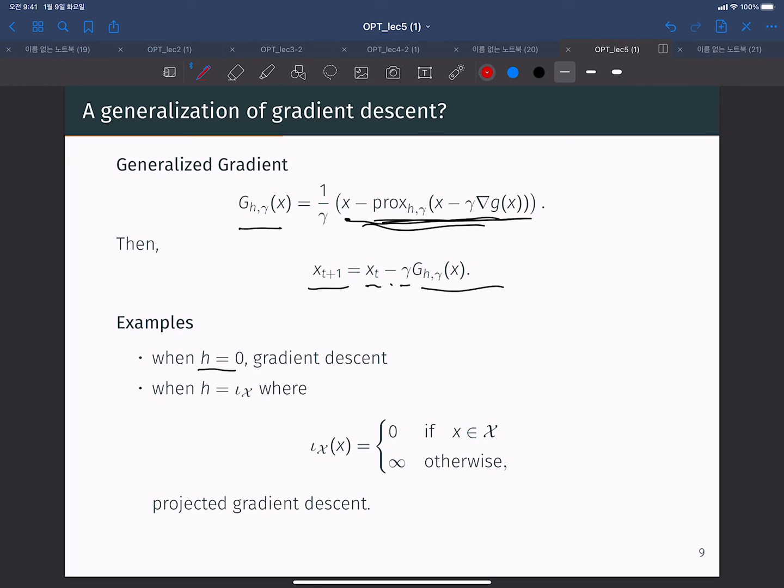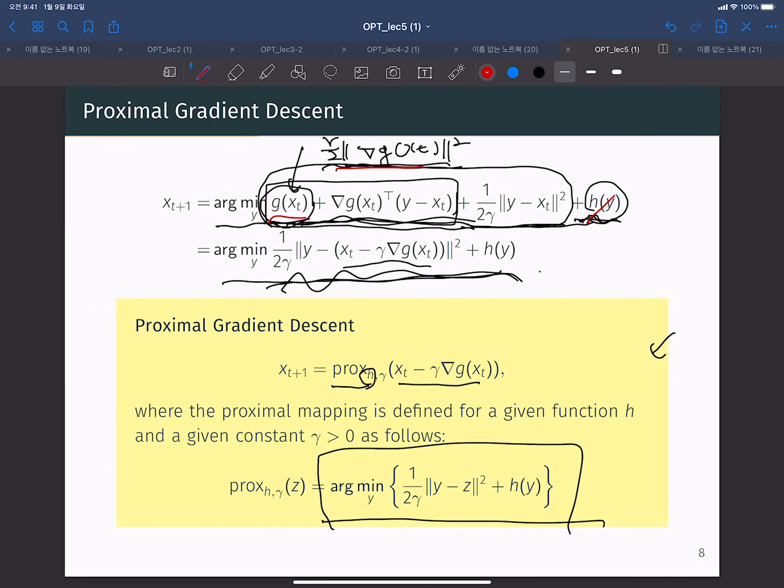And projected gradient descent is the case when h is the indicator function of your convex constraint set, which is equal to 0 when your input x belongs to the convex constraint set. If the input x is outside of your convex constraint set, it has value infinity. Then this update is exactly the same as the projected gradient descent approach.